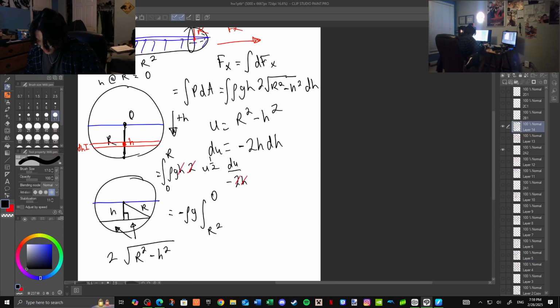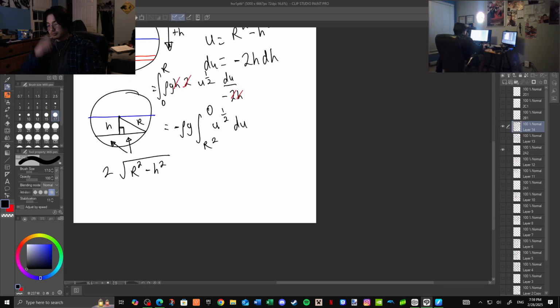So the bounds change. Then we also have u to the 1/2 times du. That's our new integral. And now we can actually integrate it. I mentioned that the negative sign flips the bounds, but that flipping occurs now.